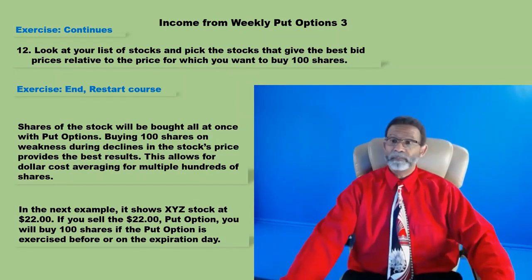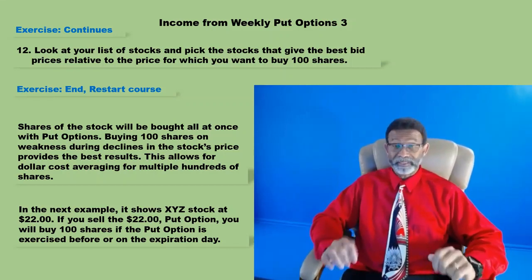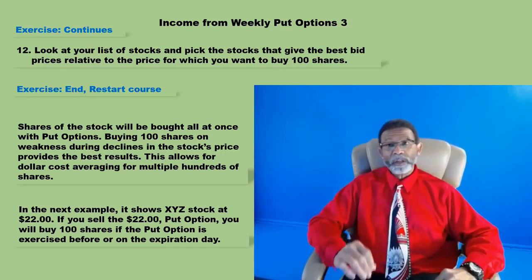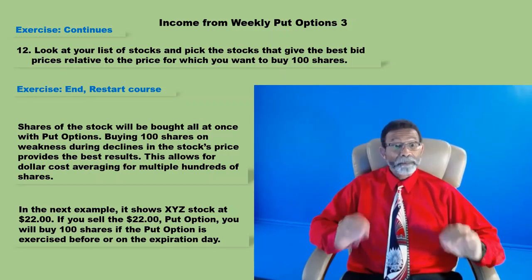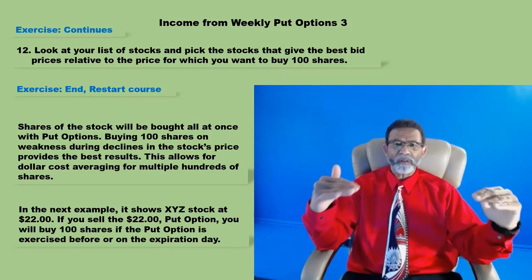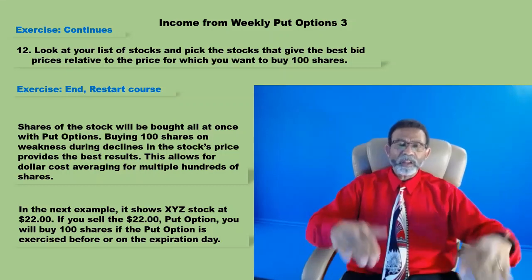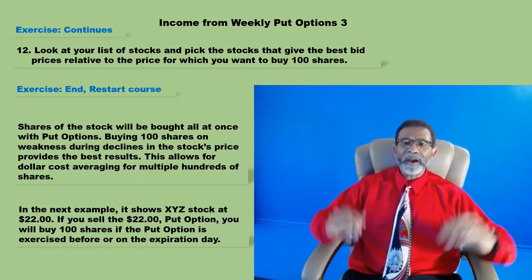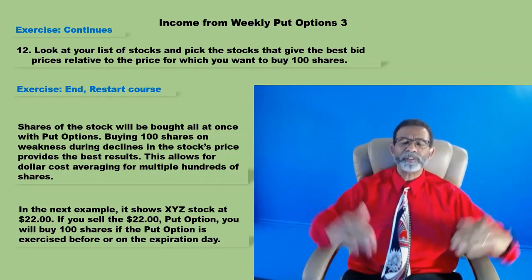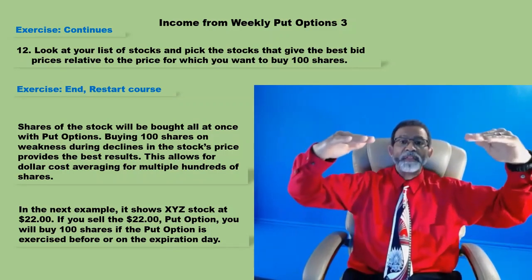Exercise continues. Now, take a look at that list of stock picks. You know, the list that we talked about a while back earlier in the course. You're looking for the best bid price for whichever option you choose to sell. The best bid price for that option. And that's going to be the stock that you're willing to buy 100 shares of, but you want to be able to make money by selling that put option for the highest bid price relative to the strike price.